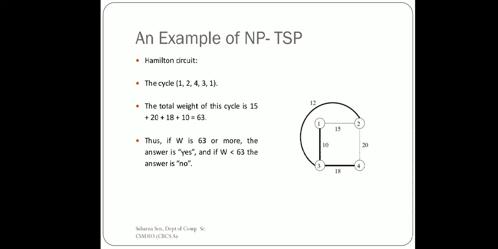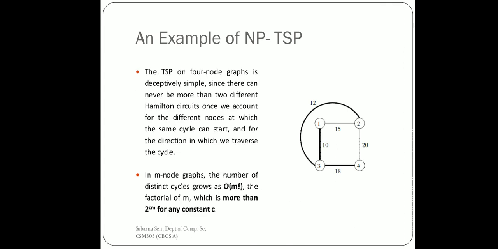Now if we have to draw a Hamiltonian circuit where the total weight of the circuit is lesser, for a 4 node graph you can go for all the choices. You can try, okay, I will start from this one, I can track these paths, I can move to this one, and all the choices are possible.